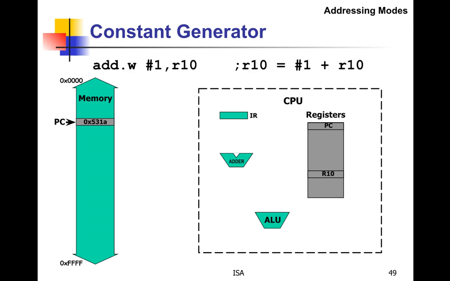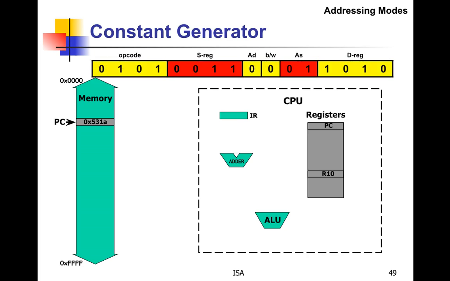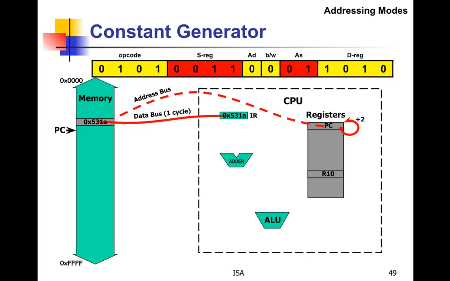So let's see how this works. First of all, there's the opcode. It's only one machine level instruction. We go from the PC out and grab that, put it in the instruction register, and this says its AS is 1, so we're going to increment the PC by 2, and then move the PC down.